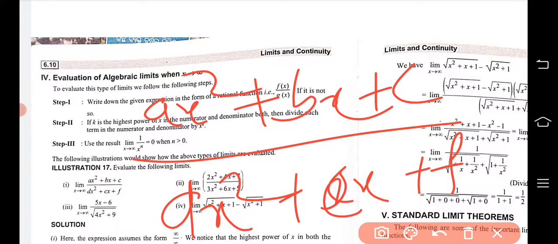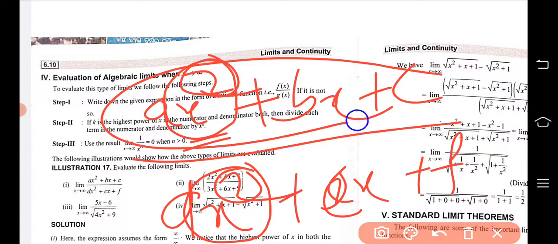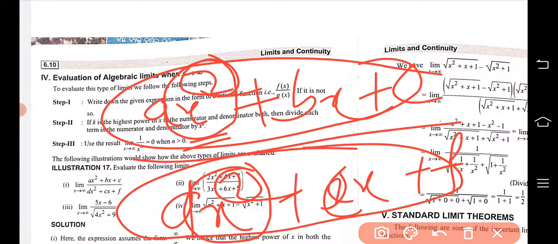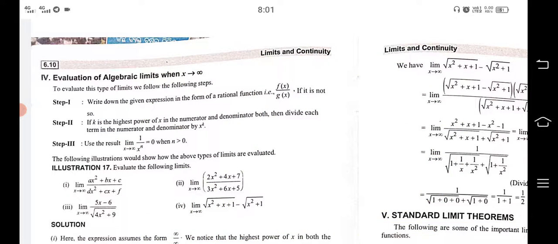In this case, the highest power of x in both numerator and denominator is x square, that is, 2. So we are going to divide both numerator and denominator by x square. In this way, whatever the common highest power of both numerator and denominator is, you have to divide by that term.